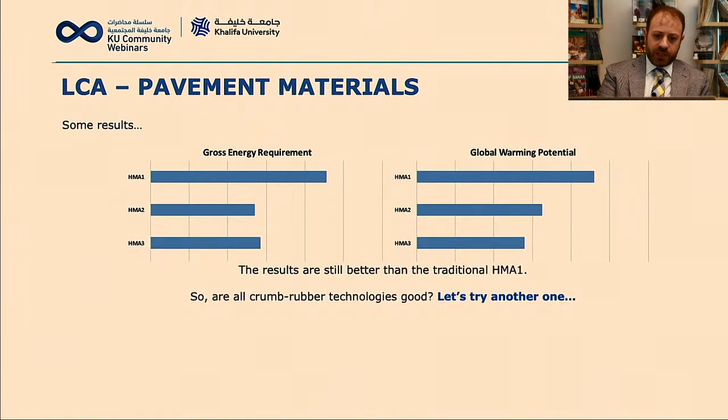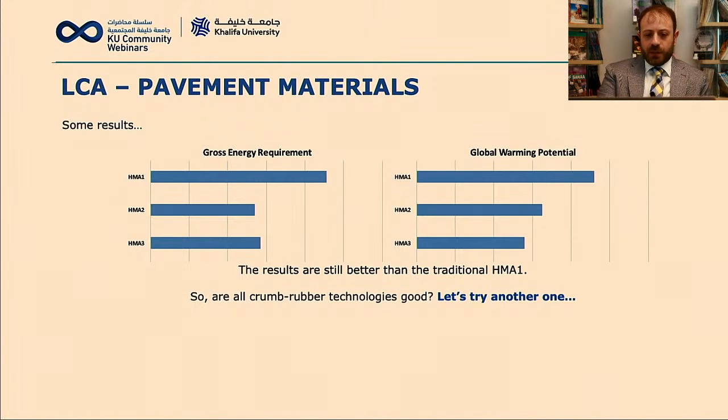The HMA3 here includes a different type of rubber, and still we can see benefits in terms of gross energy requirement and global warming potential. So if one looks at this graph and just compares the different mixtures, one can say, okay, crumb rubber is a good thing to add to my HMA because there are benefits in terms of environmental impact.